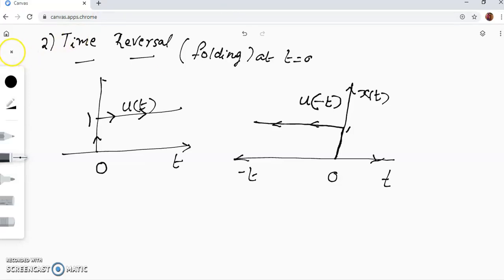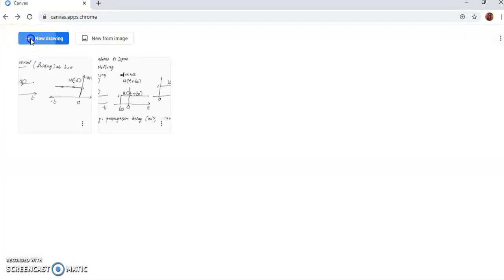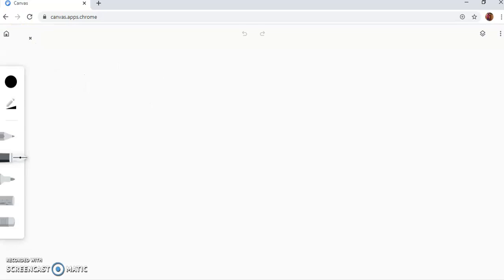Now let us see one example. I will draw one signal over here. Okay, I'm going to draw a signal. The signal is drawn like this. This is the origin 0.